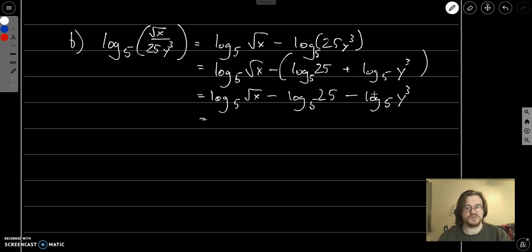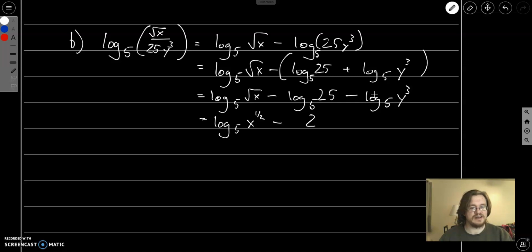The first one, the square root of x, this is going to be the same thing as x to the 1/2 power. This next one here, log base 5 of 25, 5 squared is 25, so this is going to be 2. Again, the log base 5 of 25 is asking 5 to what power is 25? Well, 5 to the 2nd power is 25, so this is going to be 2.